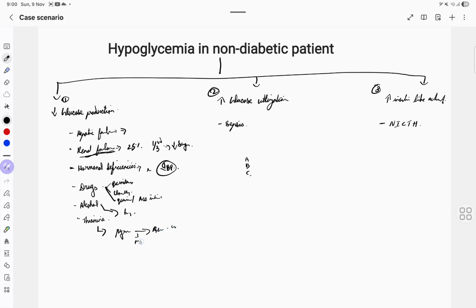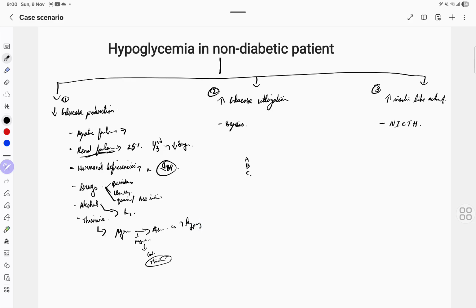This pyruvate dehydrogenase needs a co-factor, thiamine. So thiamine deficiency will indirectly affect gluconeogenesis, so it will cause hypoglycemia.